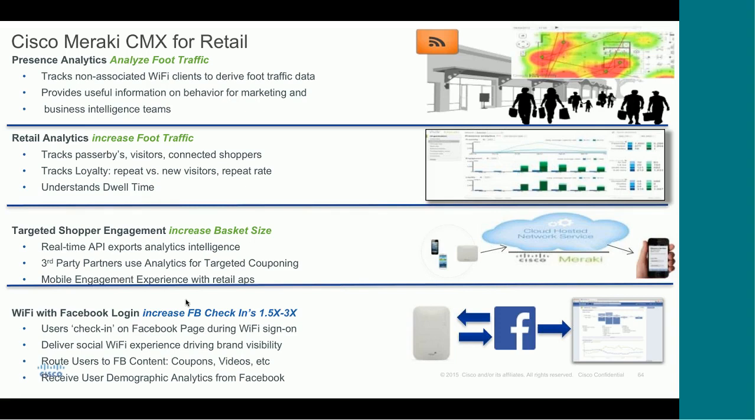And really, CMX for retail is to, we think about where to put end caps in a retail environment, and where people are spending the most amount of time, what access points are getting saturated when, and we're able to see all of that through things like the analytics, the foot traffic, the heat maps.